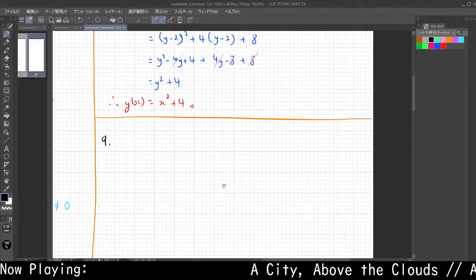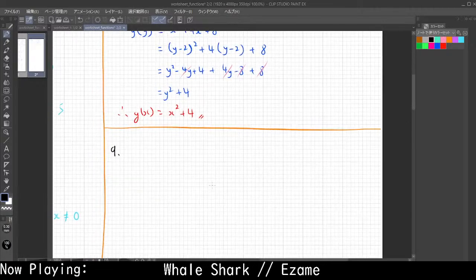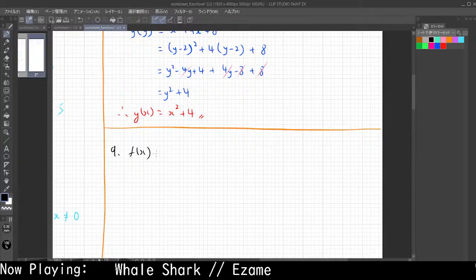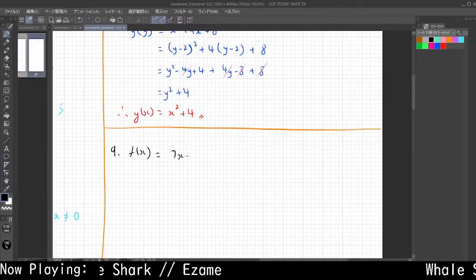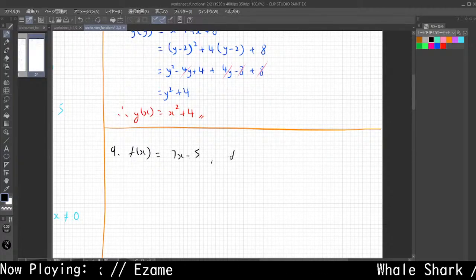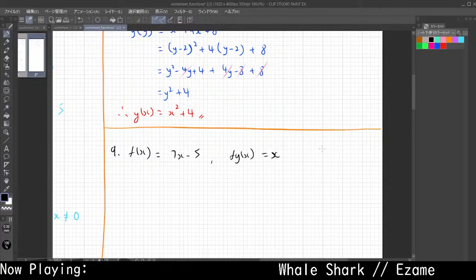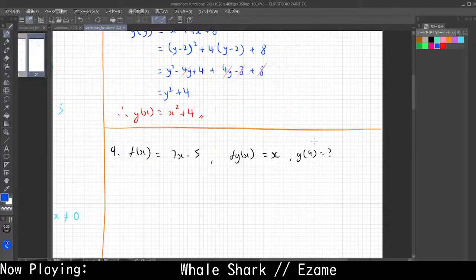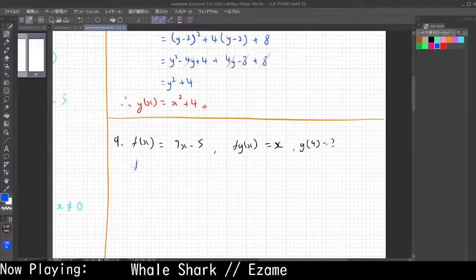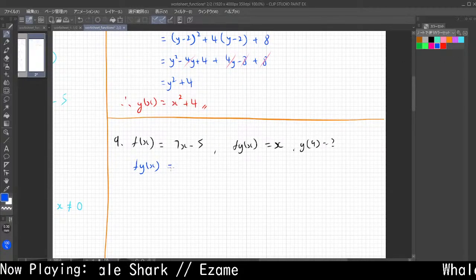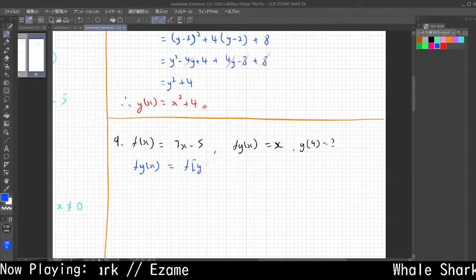Next, you're given f(x) equals 7x minus 5, and you want to find g(9). This one you're given outside, find inside, fairly easy. f(g(x)) equals x. f(g) equals f bracket g.